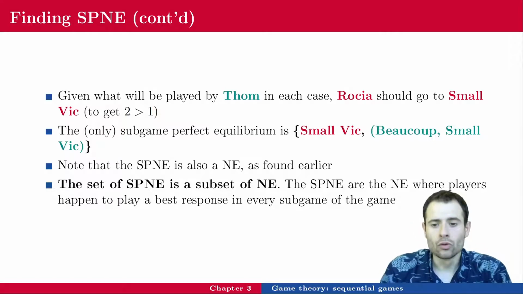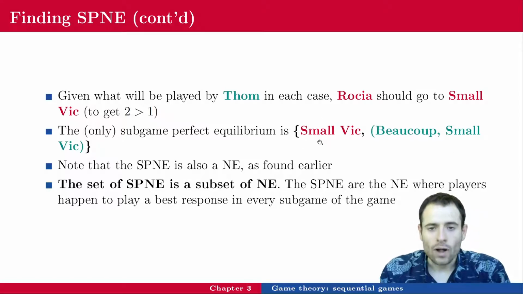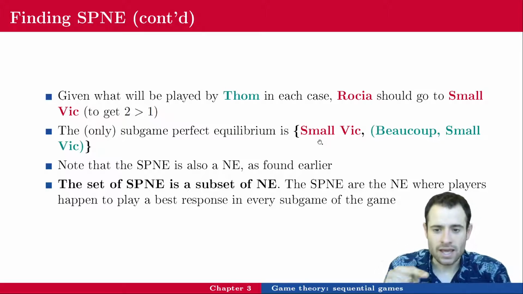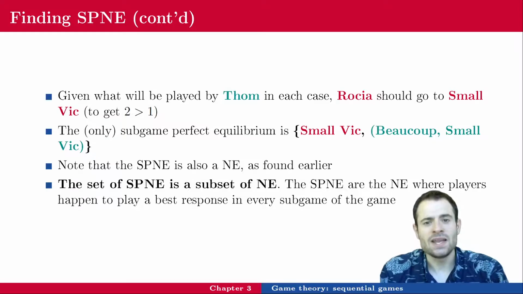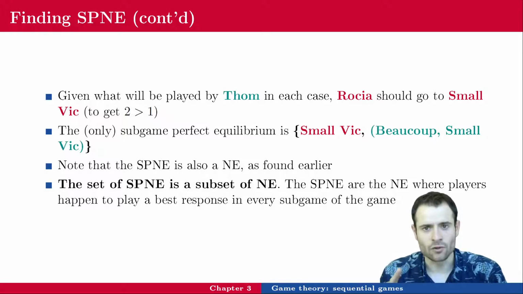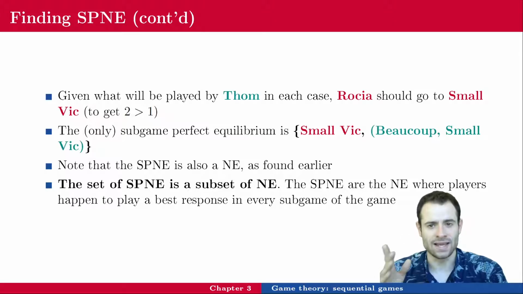Now, those are strategies. What will be played is small victory by Rosia and small victory by Tom. So if you say the SPNE is, then you have to list the strategies. But then what you can say is, in the SPNE, they each play small victory. But careful, there's a difference between what the SPNE is and what they play.